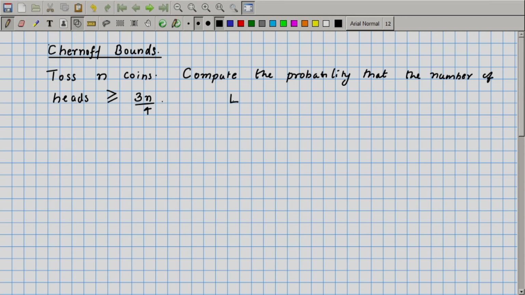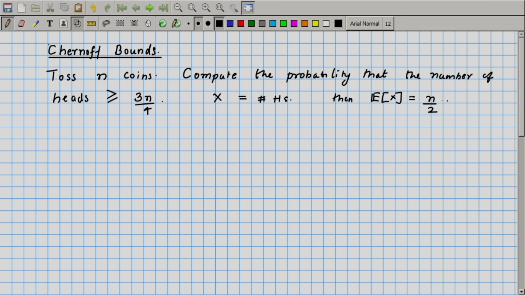Clearly, we expect, so if we denote by x the number of heads, then expectation of x is equal to n by 2.